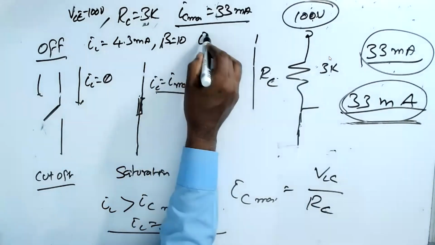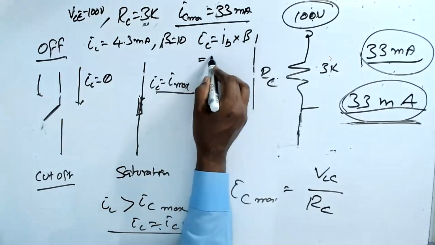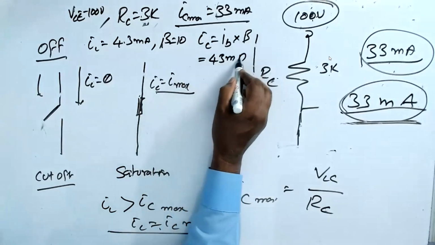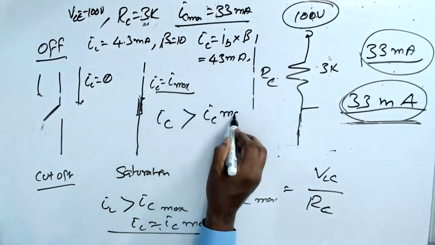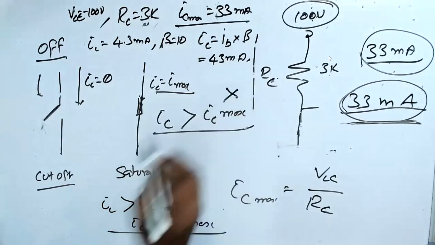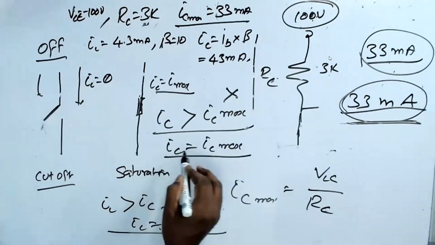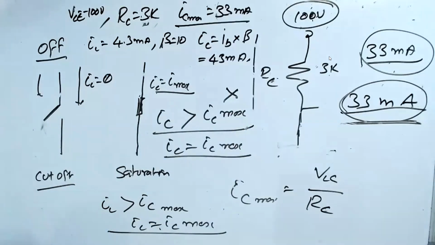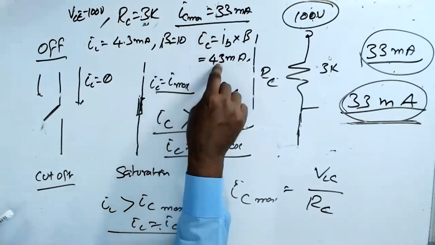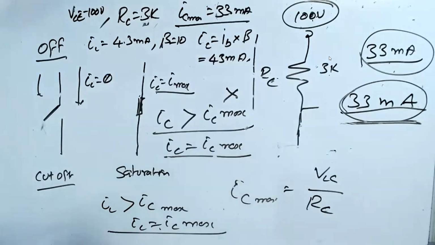So IC is equal to IB multiplied by beta, which is 43 milliampere. So what happened? IC became more than IC max. That is not possible. So IC is equal to IC max. IC can never become more than 33 milliampere. So if your calculation finds that IC becomes more than IC max, put IC equal to IC max. That's it. That is called saturation.